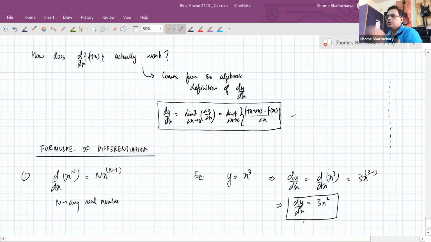As of now, see, we have just applied the formula. I'll explain how the formula is actually derived from this also. But we've just applied this formula. Differentiation of x to the power n is given by the formula n into x to the power n minus 1. So here, what is the power of x? It's 3. So just substitute n with 3. So it should come out to this according to the formula. Okay, you understood now how the formula is being applied here. Of course, where the formula has come from, that is a different matter, and I'm going to show you that.